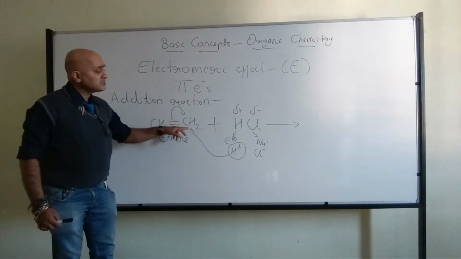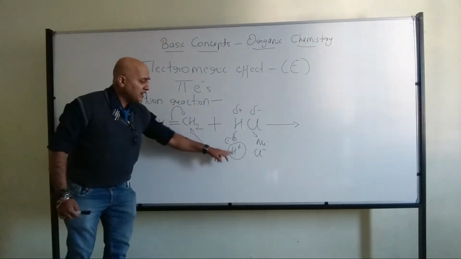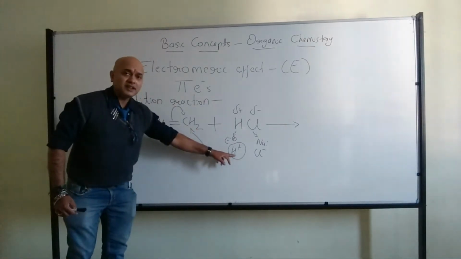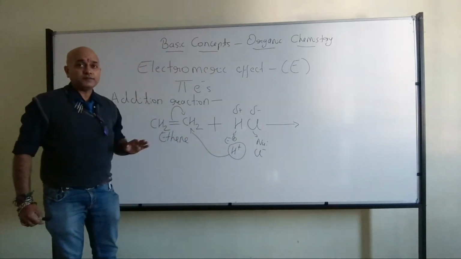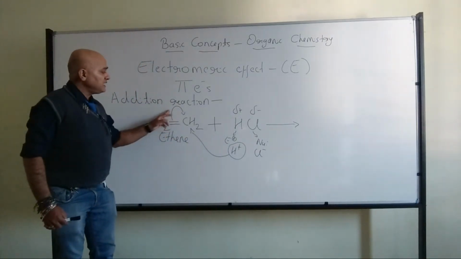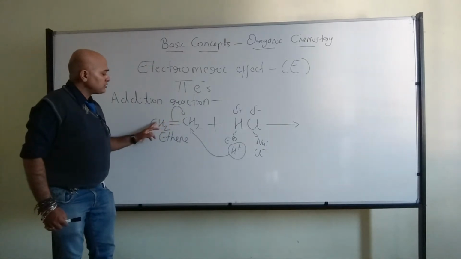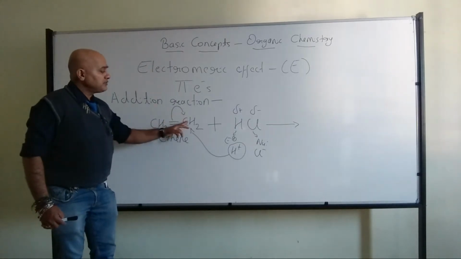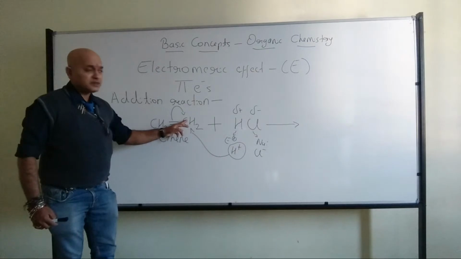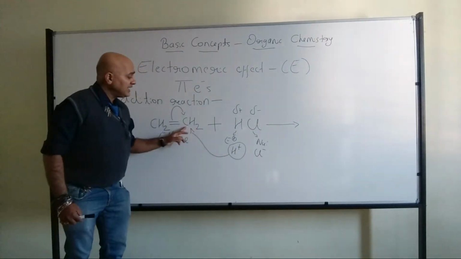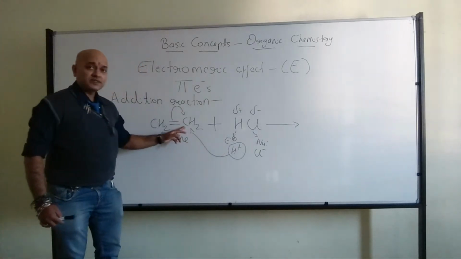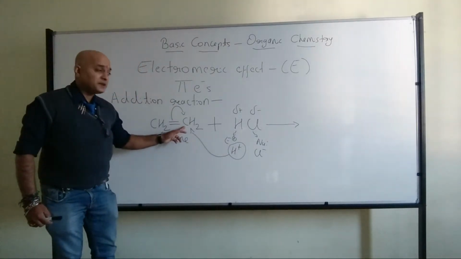Carbon has to invest the electron. Then only a carbon hydrogen bond can be made. Otherwise, this H plus does not have the electron. So therefore, it will take up the pi electron, one belonging to this carbon. It will move to this particular carbon so that it can make a new bond with this incoming H plus. All of you got my point?